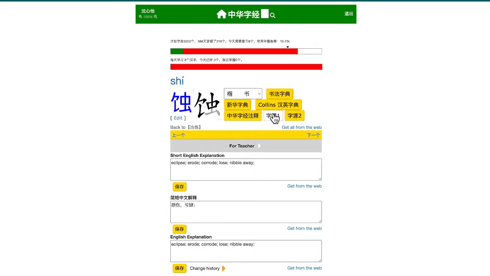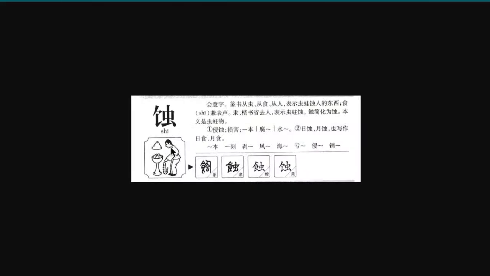Let's take a look at the characters. On the left hand side is the food radical. And on the right hand side is a character that has a worm, 虫, right? Like a worm, and then there's a person right there.